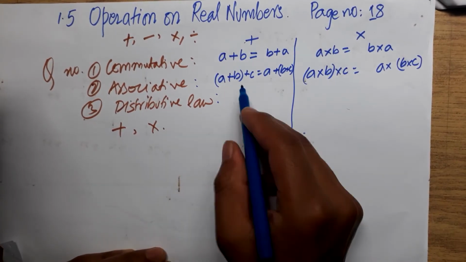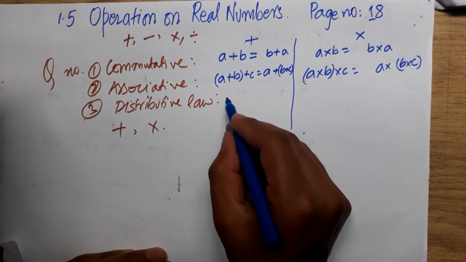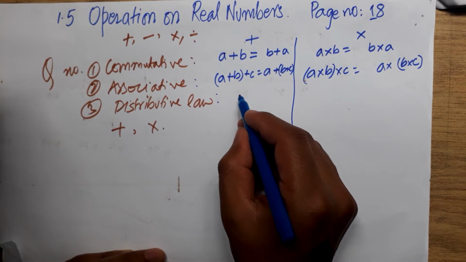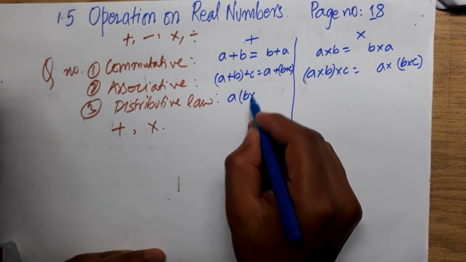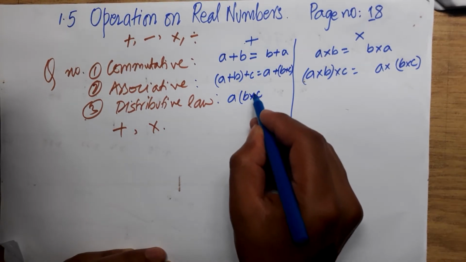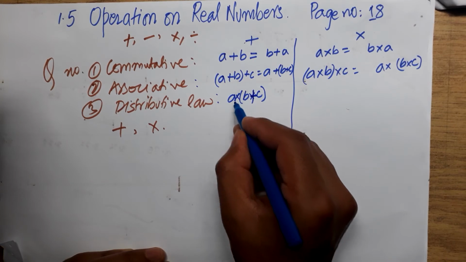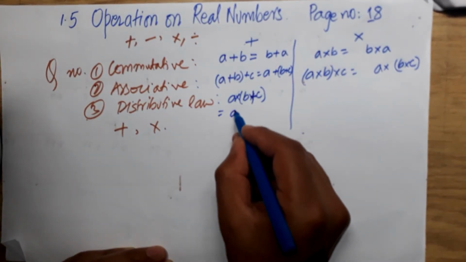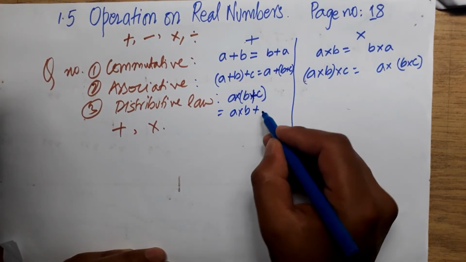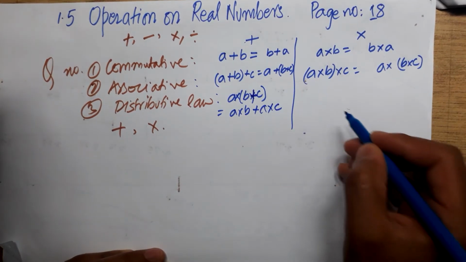And distributive law means over multiplication, a into b plus c is the same as a into b plus a into c.